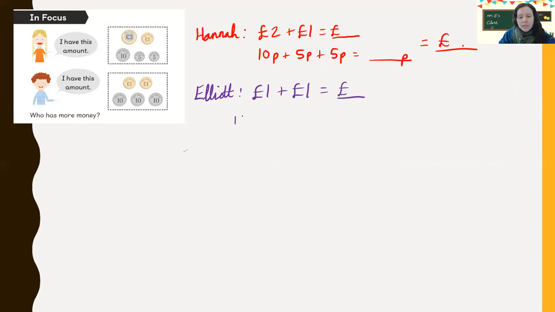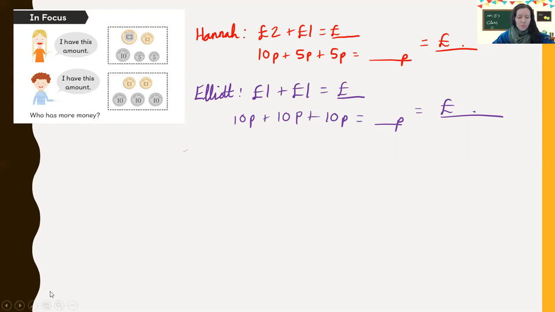And then for pence, he has 10p, add 10p, add 10p. And how many pence is that? And then how much is that all together? And then you need to tell me who has more. And then you can tell me how much more they have. That would be really clever.